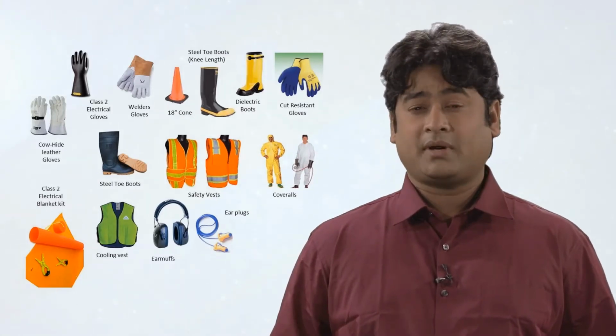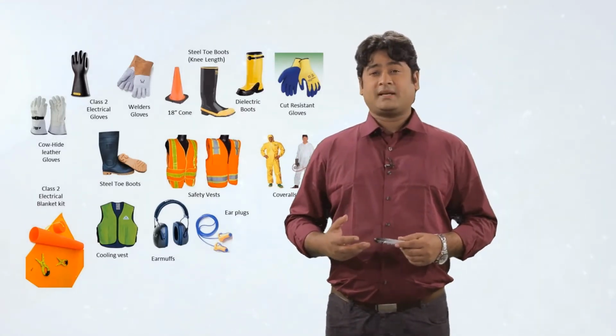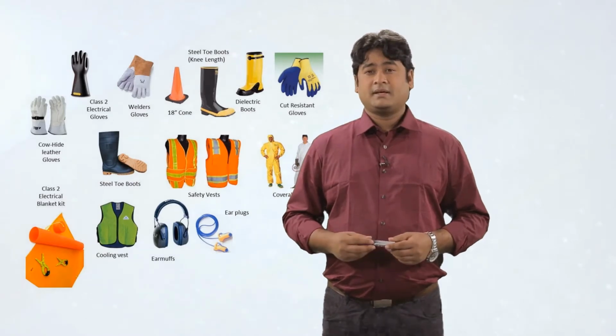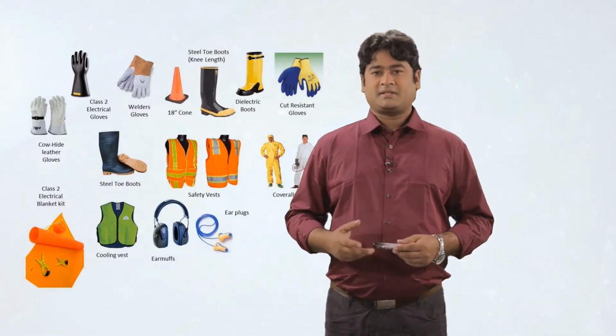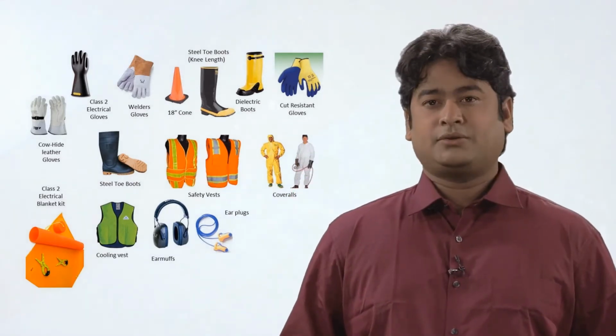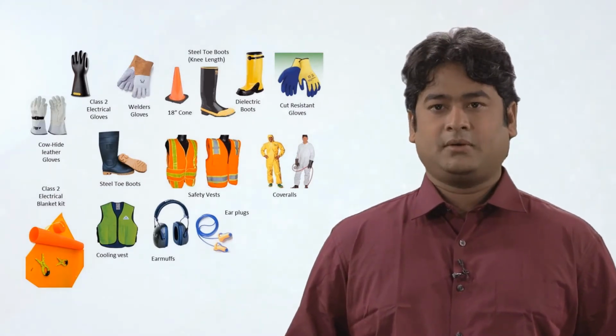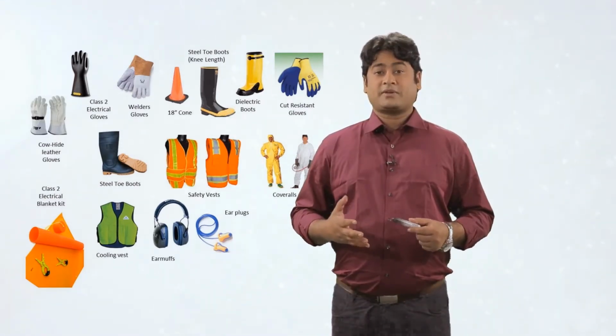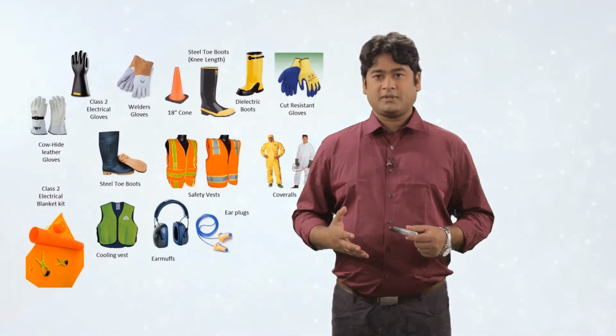Like if a hazardous chemical has higher volatility, respiratory protection may be required, or if there is a chance of exposure to the skin or hands, hand protection must be there. And also it is important to choose the appropriate tools while using this chemical or transporting it internally within the workplace.